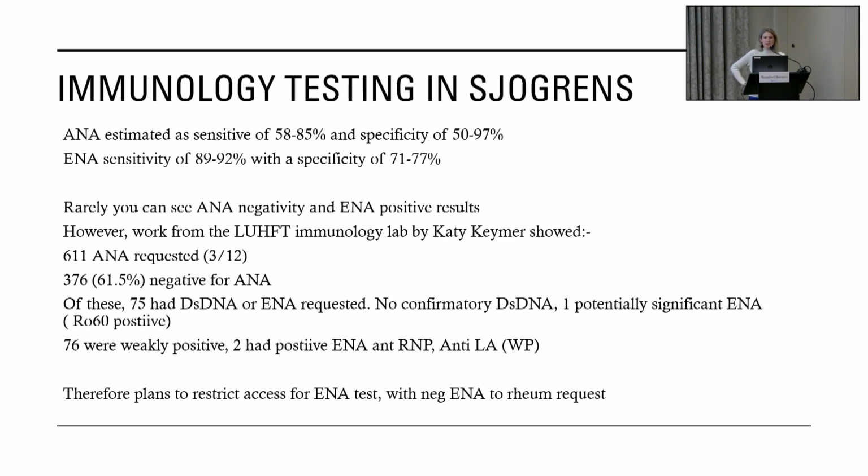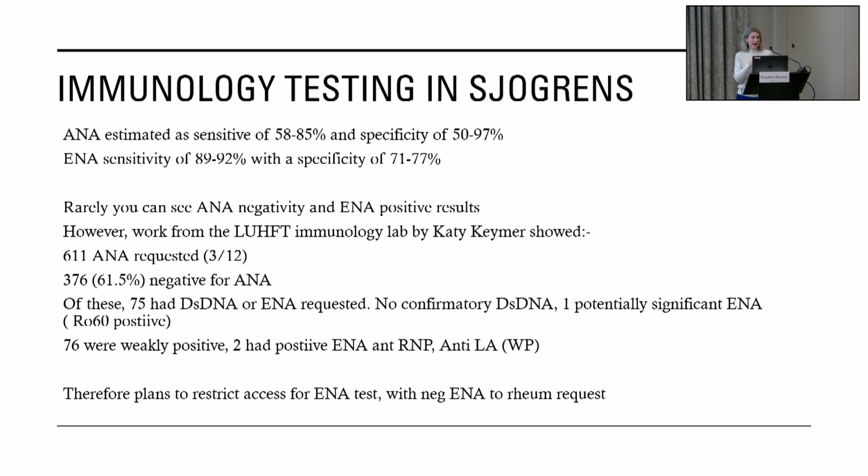So essentially, in summary, from looking at this, what we are looking at doing at Liverpool is, we will ask primary and secondary care, unless you're in rheumatology, not to test for ENA or double-stranded DNA.